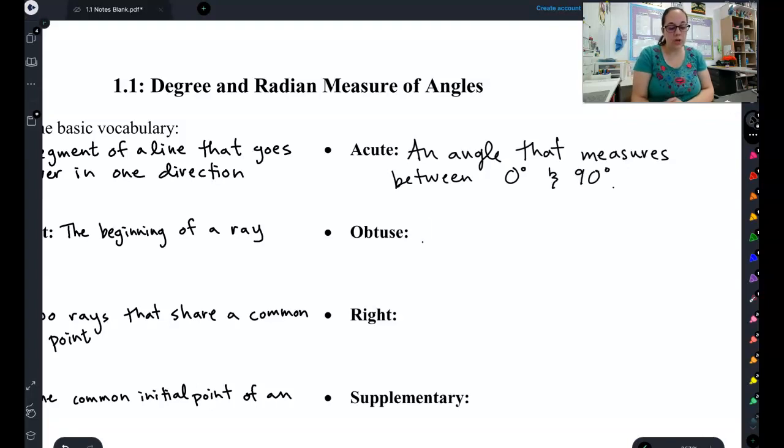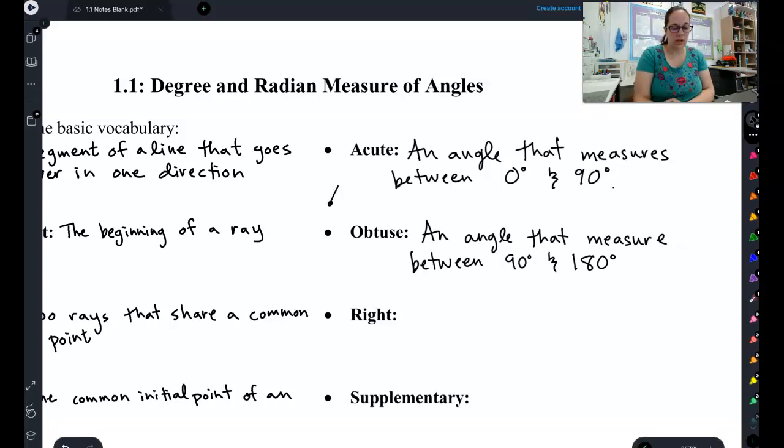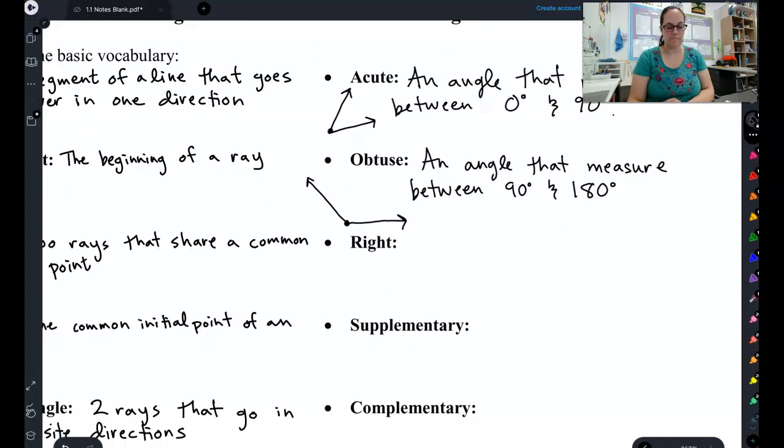We have an obtuse angle, which is an angle that measures between 90 degrees and 180 degrees. So a couple examples. Here is an acute angle, less than 90. Here is an obtuse angle, greater than 90, or between 90 and 180.